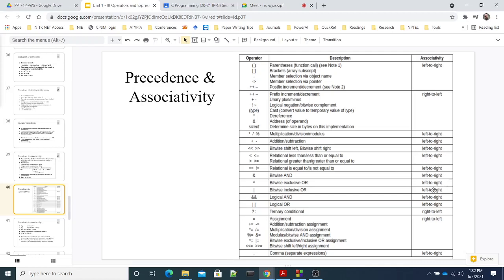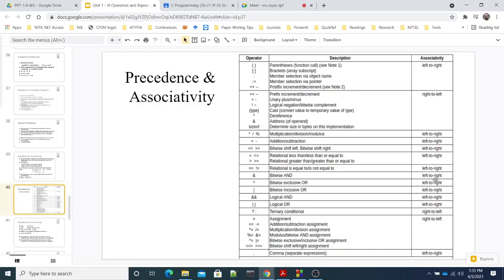In case of a tie, most of the operators have left to right associativity, but some, like the assignment operator and shorthand assignment operators, have right to left associativity. Then the ternary operator also has right to left associativity.